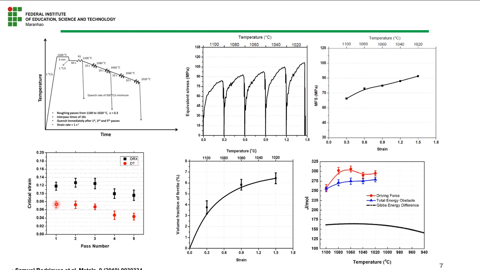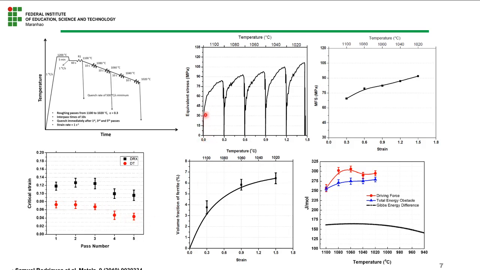We can see here that the onset strain for the dynamic recrystallization or dynamic transformation decreases a little bit.